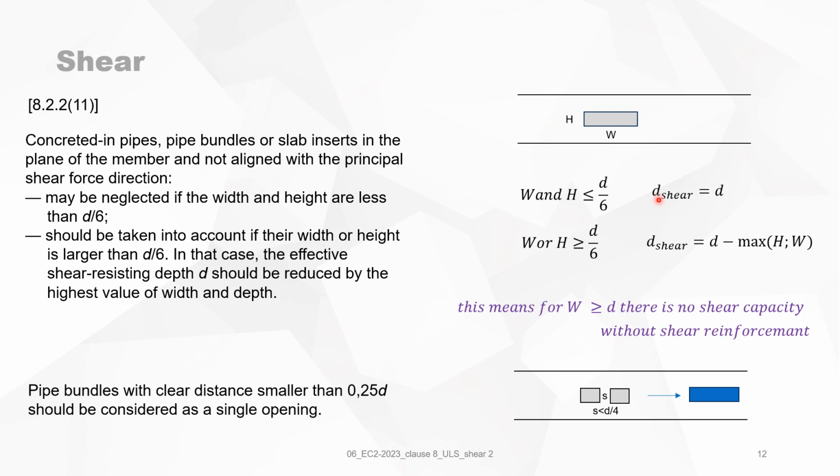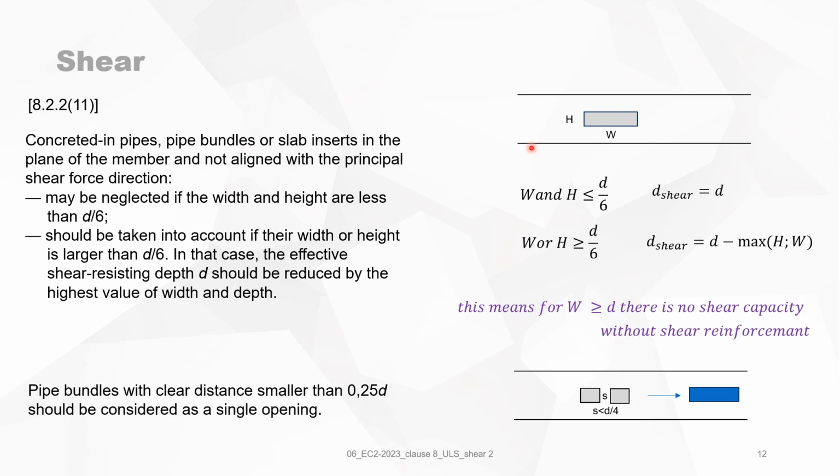Then you can calculate your shear force resistance or your shear force capacity without shear reinforcement. You can calculate VRd,c with d equal to the value that you would obtain in a section without the reservation. So that's interesting to know.